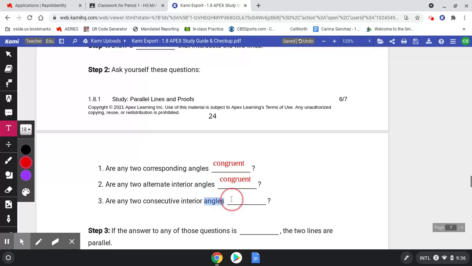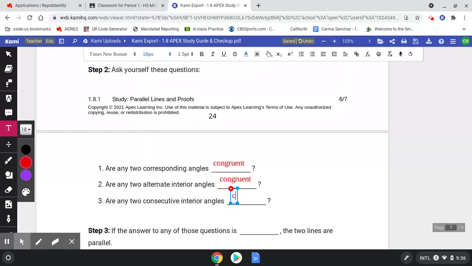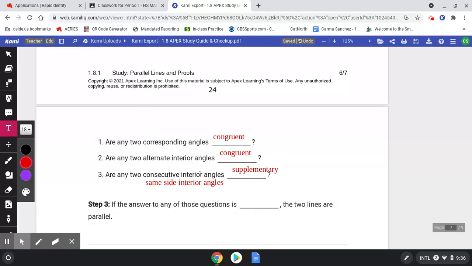Are any two consecutive interior angles congruent? I'm sorry, supplementary. And remember that the word that I'm using for this is same side interior angles. If the answers to any of these questions are true, or yes, then the two lines are parallel.